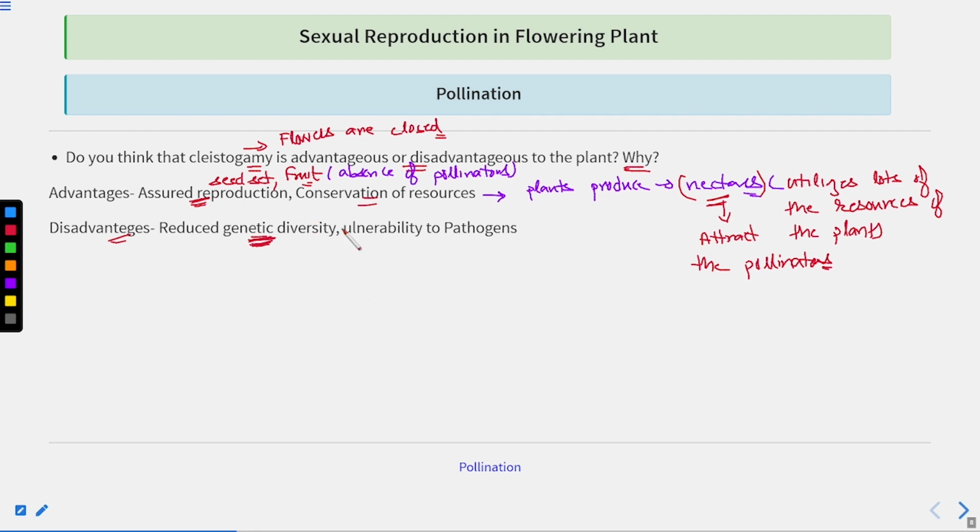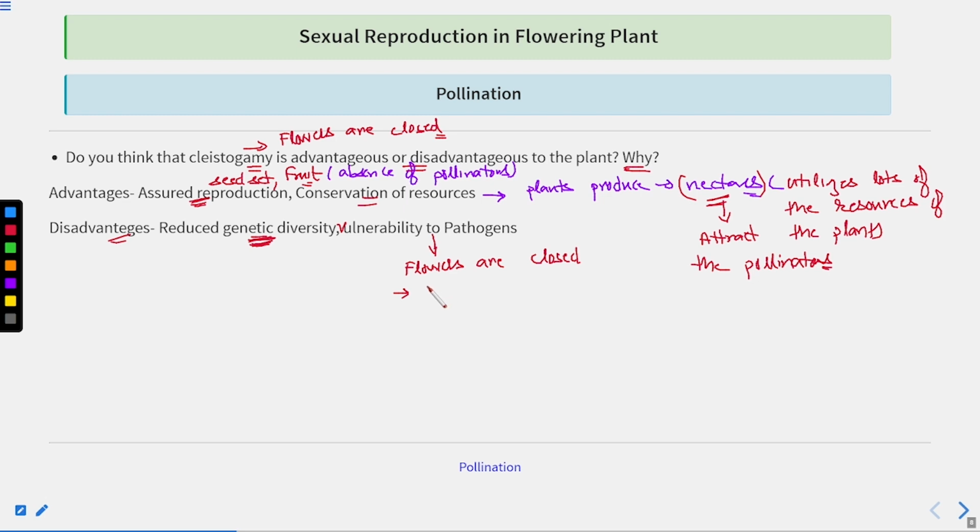And second is the vulnerability to the pathogens. As the flowers are closed, then what will happen?